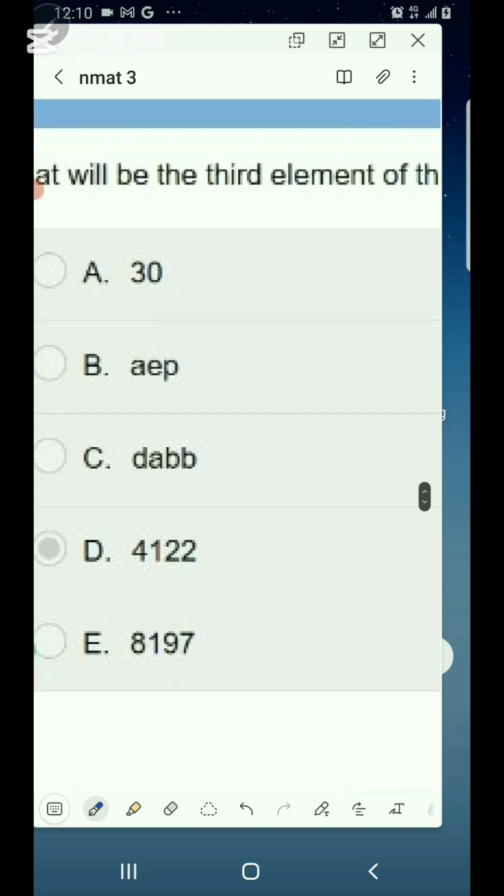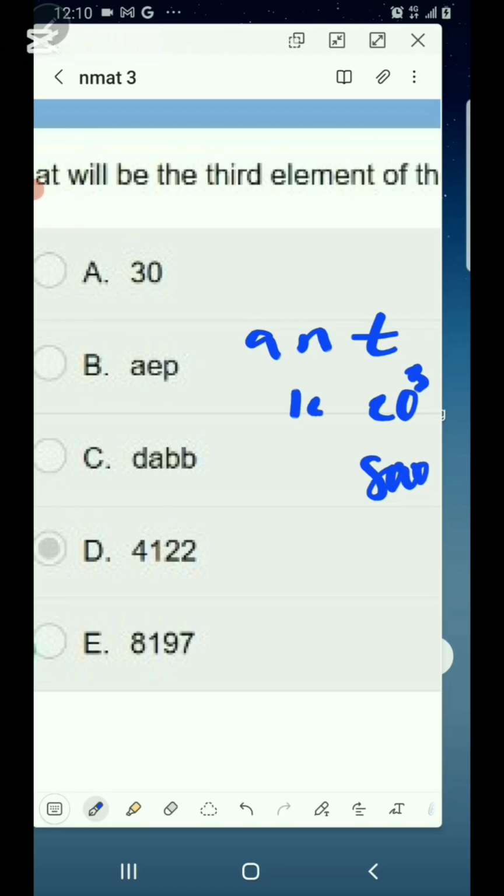The elements in question are A, N and T. T is 20. 20 to the power 3, that is 20 times 20 times 20, is 8000. N is 14. 14 squared is 196. You can confirm that 14 squared is 196. Then plus 1. If you add all of them together, it will give you 8197.